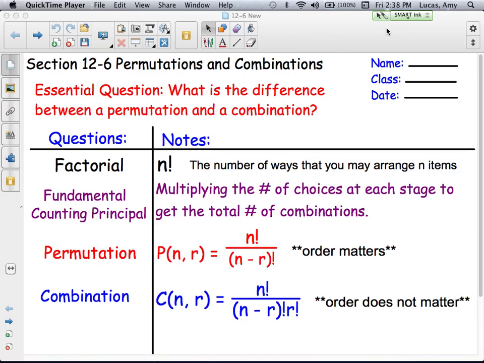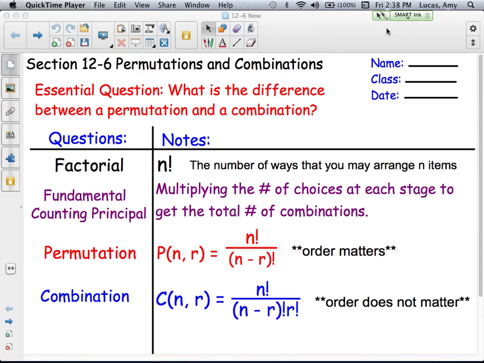Combinations are when the order doesn't matter, like if you are going to have a bowl of ice cream with a couple different scoops, different flavors, or a pizza with a couple different toppings. It doesn't matter what order they put the toppings on the pizza, or the order that they put the scoops of ice cream in your bowl. That doesn't matter.